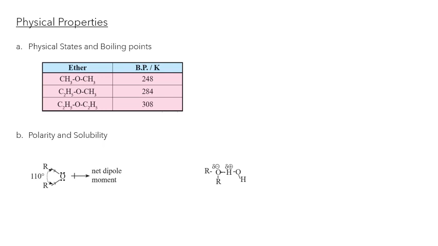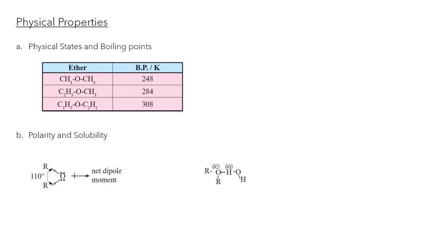Second property, that is polarity and solubility. Since the carbon-oxygen-carbon bond angle is 110 degrees, the bond dipole moments of the two carbon-oxygen bonds do not cancel each other, and therefore ether possesses a small net dipole moment.